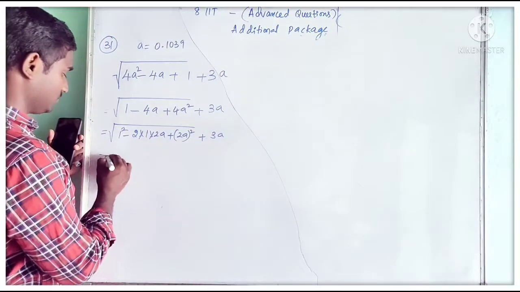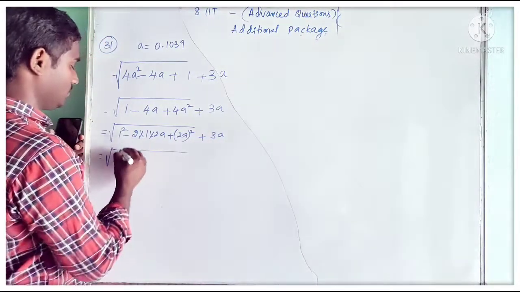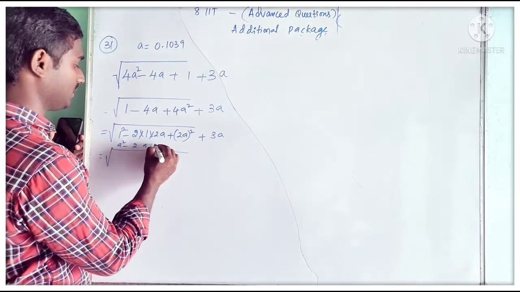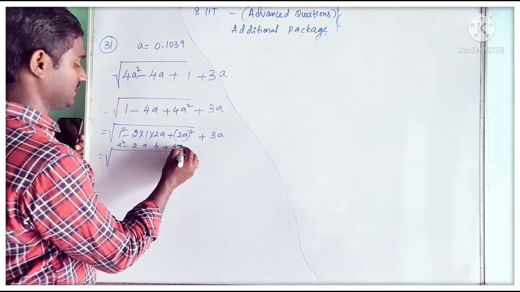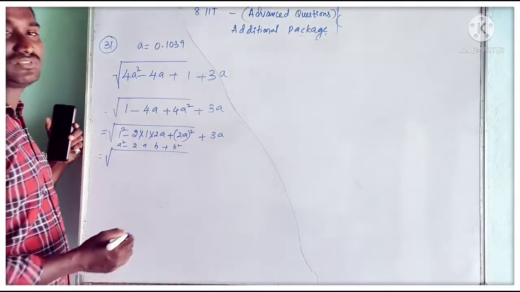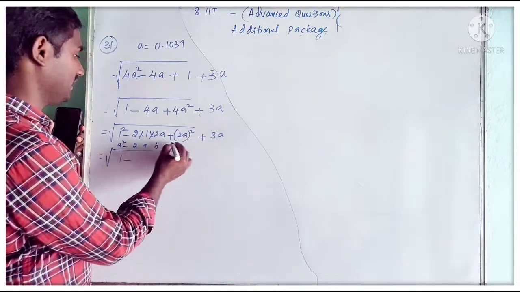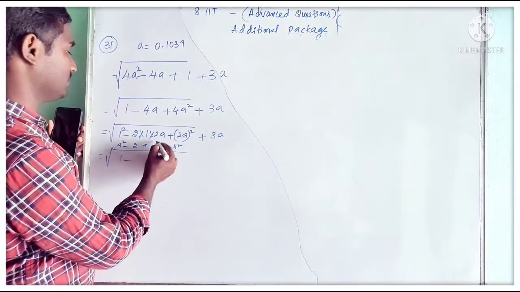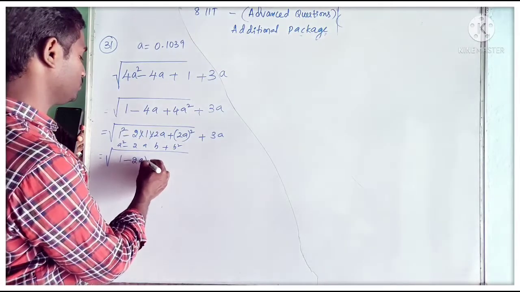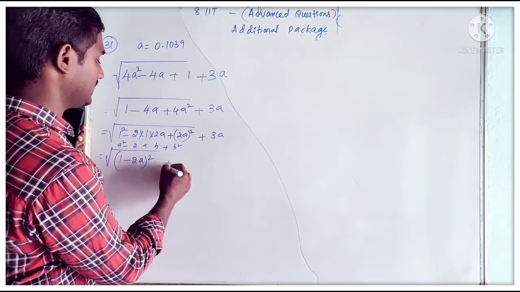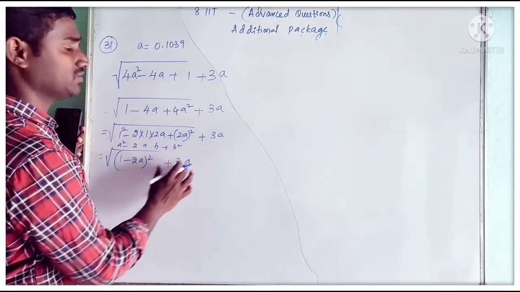Okay. So now the square root of 1 minus 2a whole square, this is in the form a square minus 2ab plus b square, which we can write as a minus b whole square, where a is 1 and b is 2a. Plus 3a we have; for 3a no root we have.